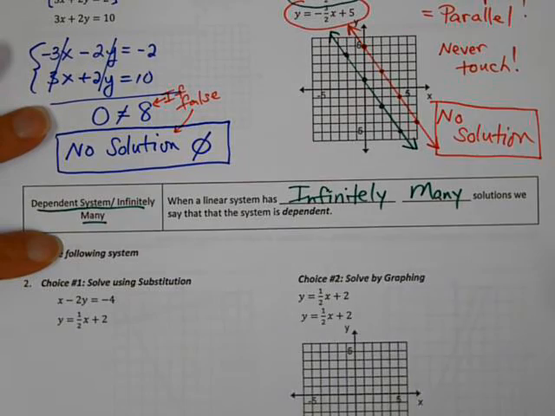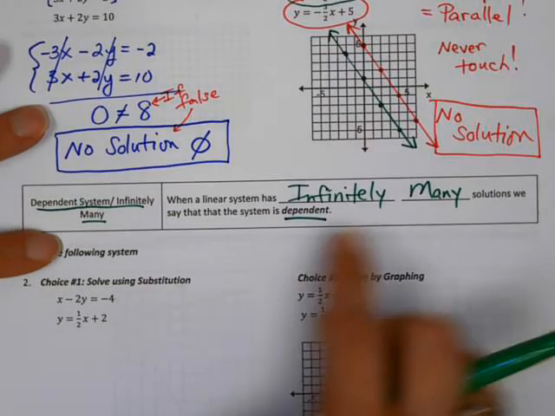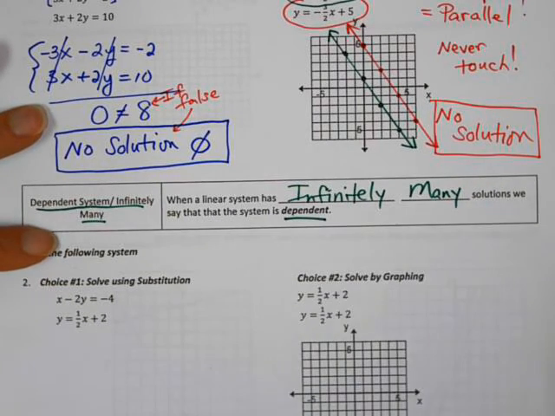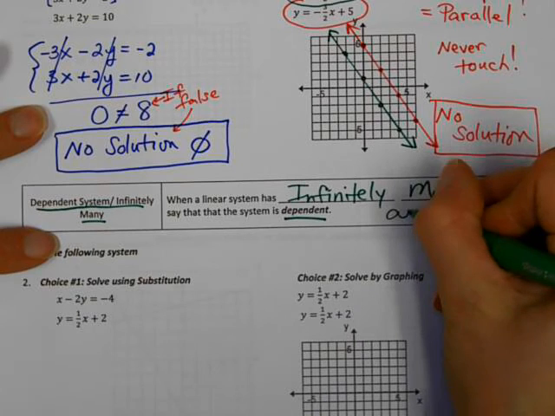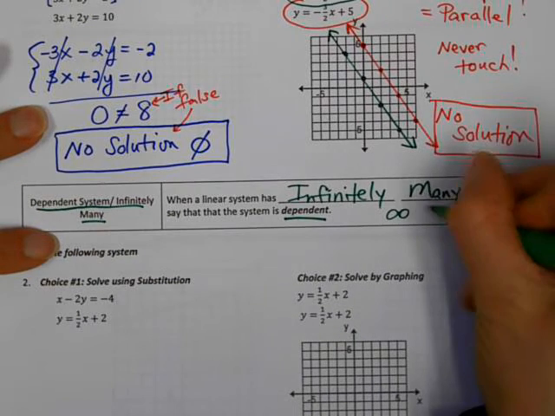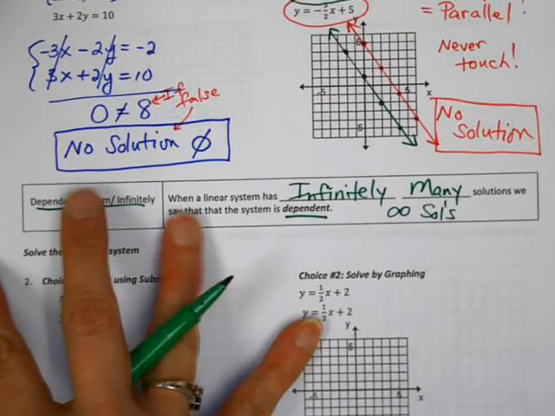That's weird. Then we call the system dependent. You have to know infinitely many and you have to know dependent. There is a mathematical symbol for this too, and sometimes people say infinitely many solutions. That would be a shorter way of saying that.